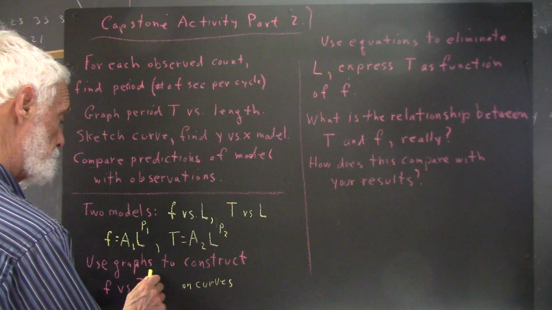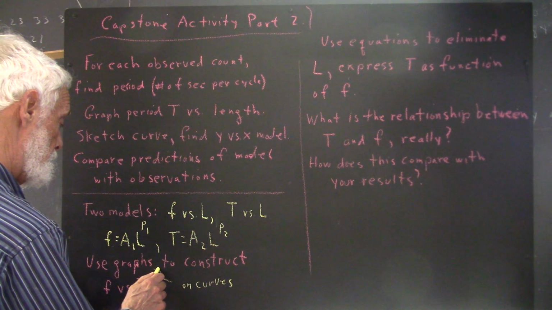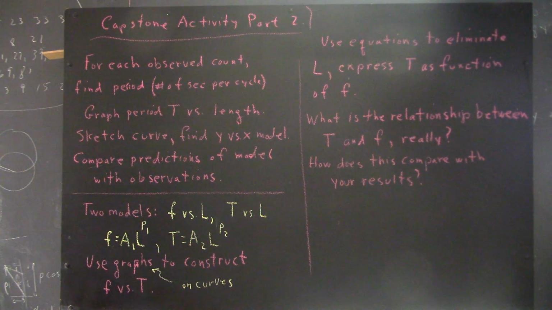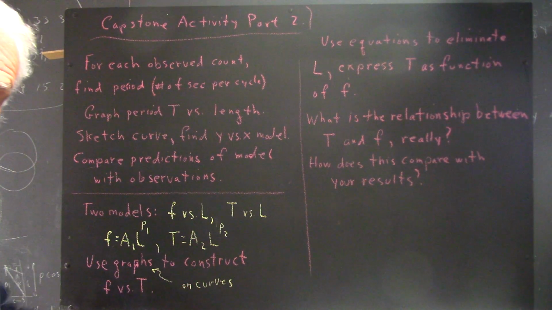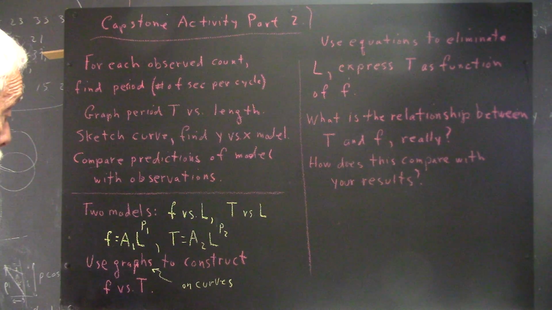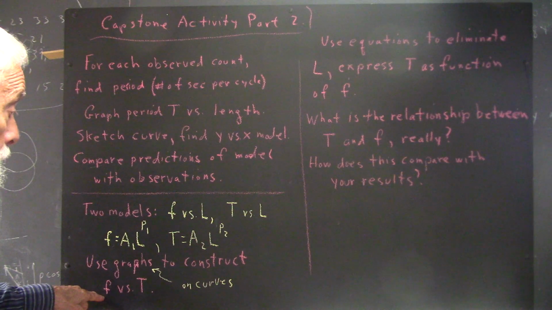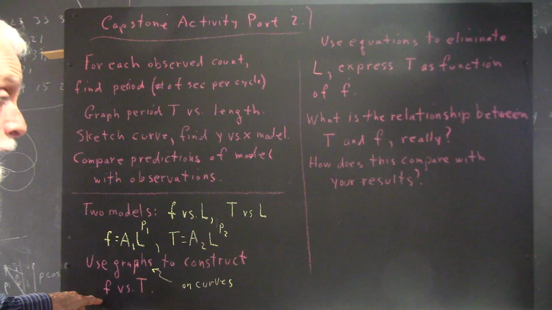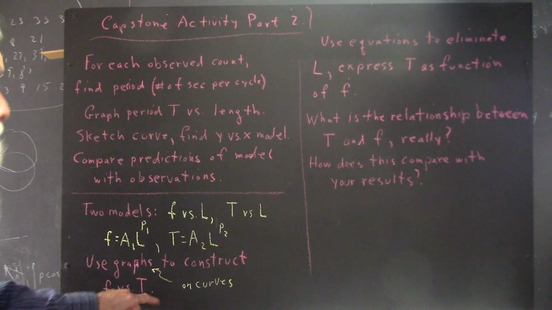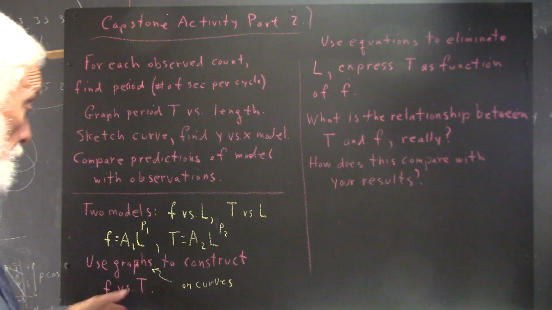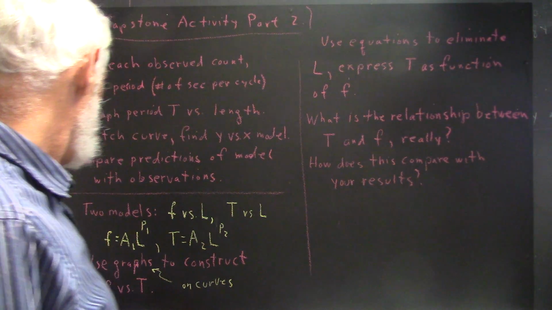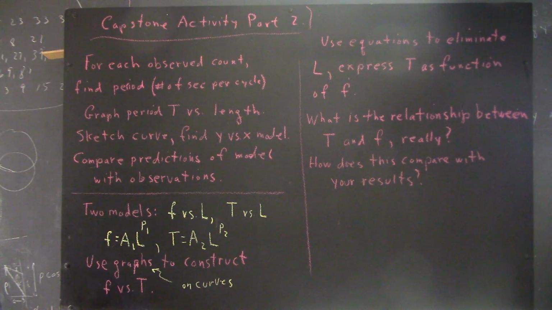Remember, we're done with those once we have the curve. Using the information you can get from those curves, you can use coordinates. You've got a scale now. I want you to construct a graph of F versus T.